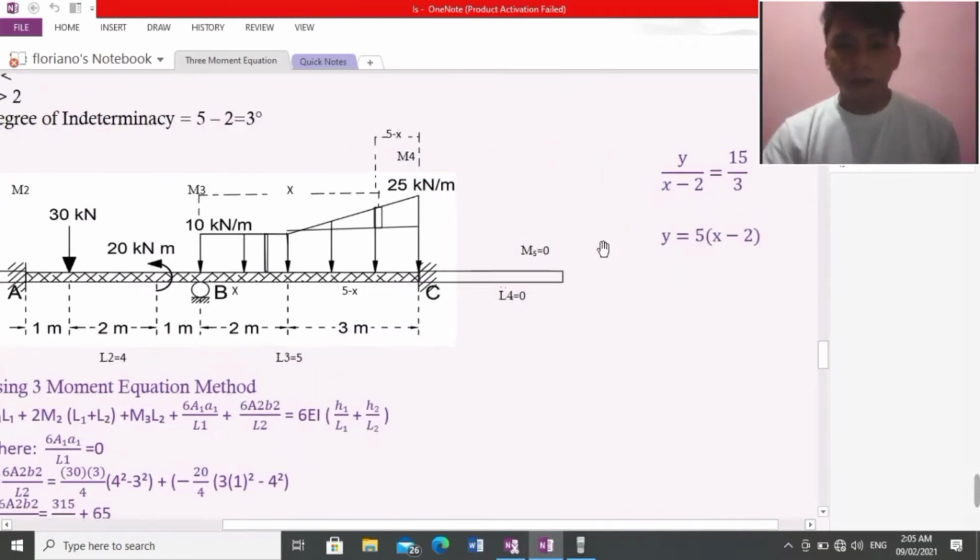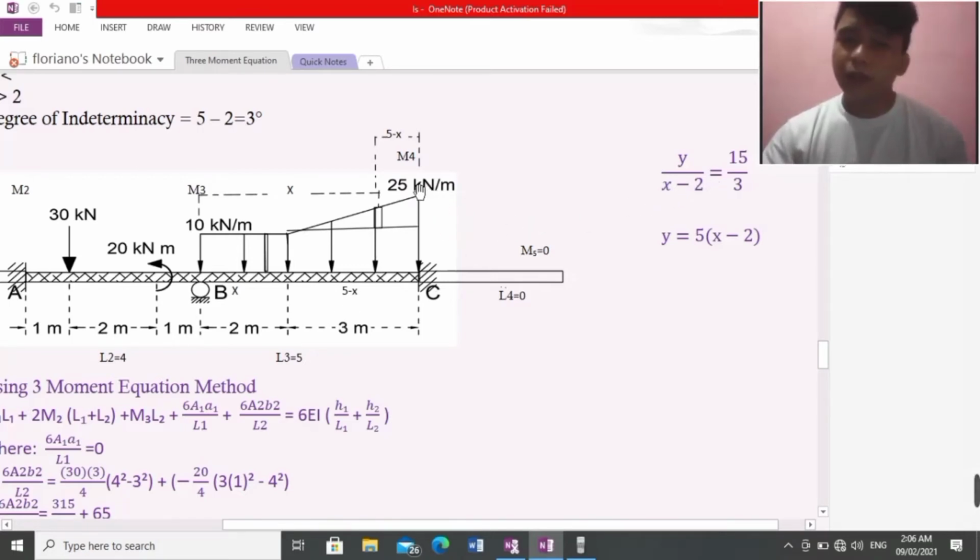So, para pumuha din ako dito ng strip. So, ang magiging distance niya dito is x, and dito sa right is 5 minus x. So, para makuha natin yung height nito is by proportion. So, yung height nitong strip nito is y all over the distance of this triangle is x minus 2. x minus 2 is equals to 15.